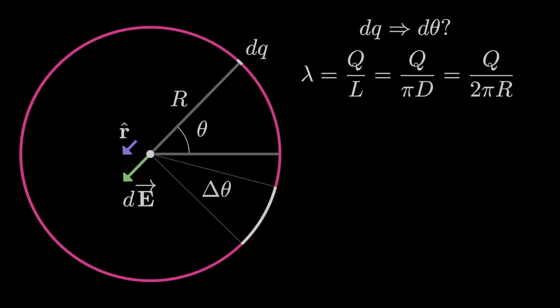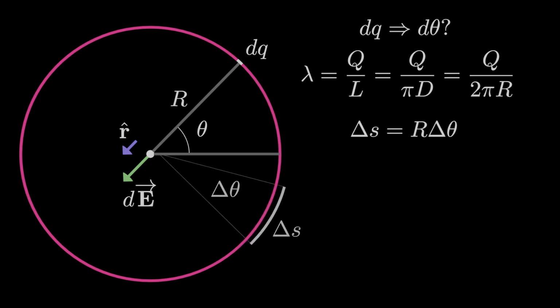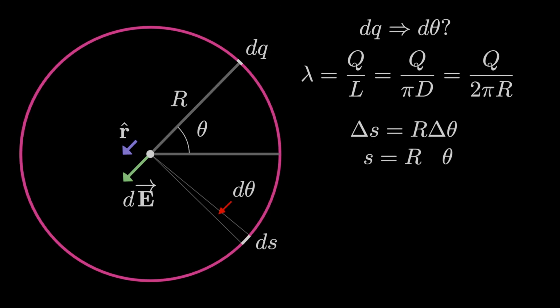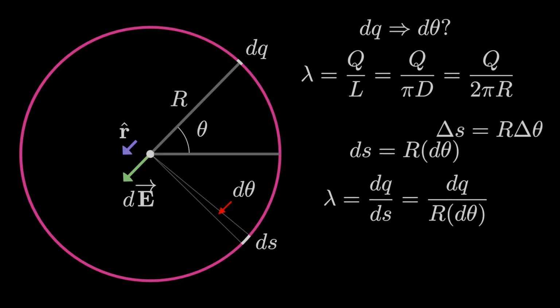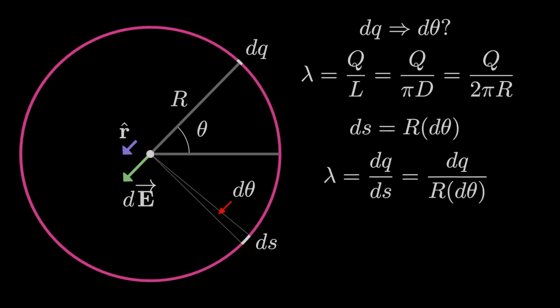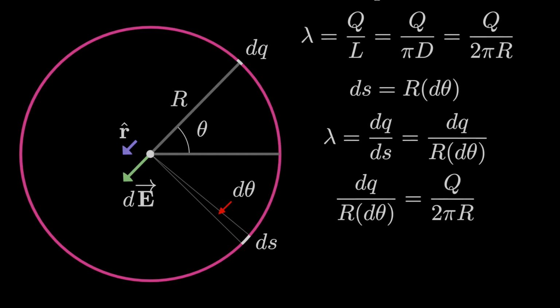In general, if we have some circular segment, the length of that segment is given by delta s equals r times delta theta, where delta theta is given in radians. So if we have some tiny segment dq, infinitesimally small, then the linear charge density of this segment is given by dq over ds, or dq over r times d theta. That helps us find dq in terms of d theta.